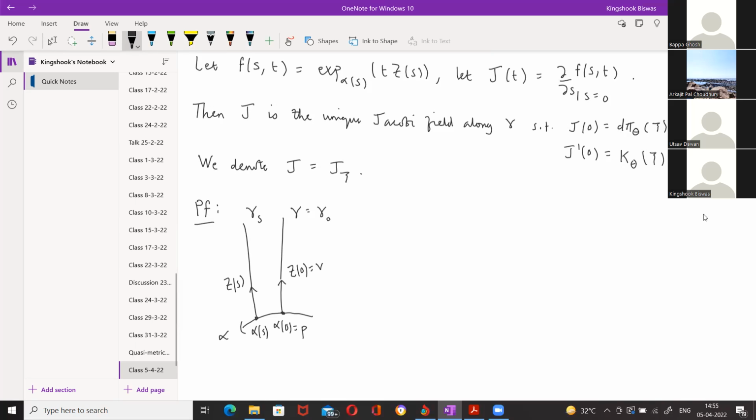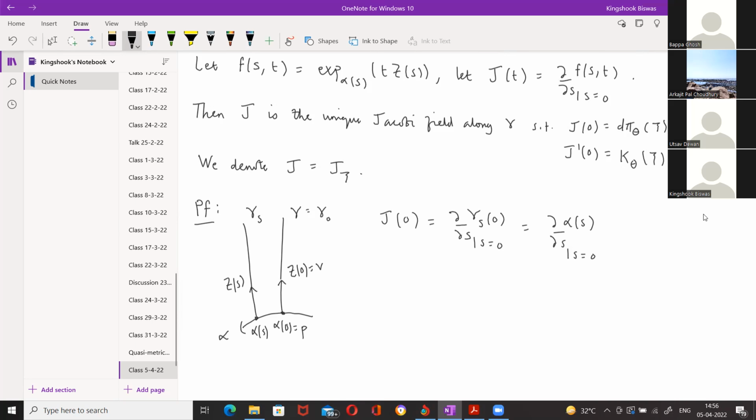So J0 is del del S at S equal to 0 of gamma S of 0. So this is del del S at S equal to 0 of alpha S, right?